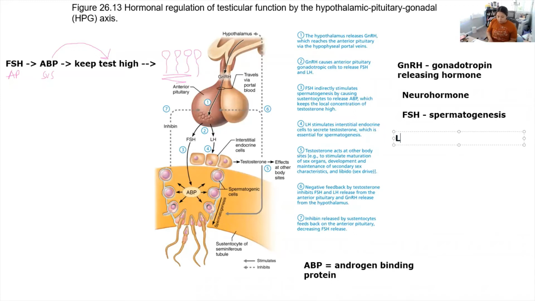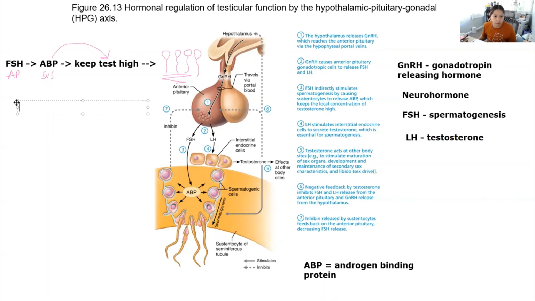But it does also have functions in the male reproductive system. And what it's going to do, it's going to trigger the production or secretion of testosterone. Testosterone. Okay. And that production of testosterone is going to be essential for spermatogenesis, which we have that right here.